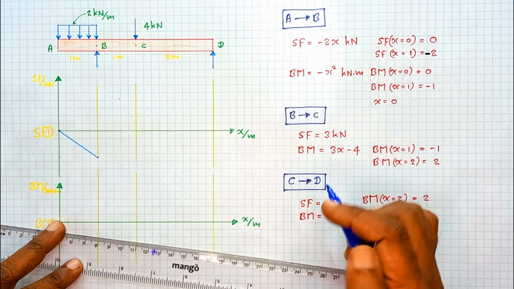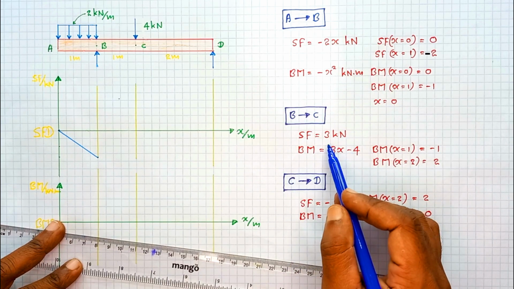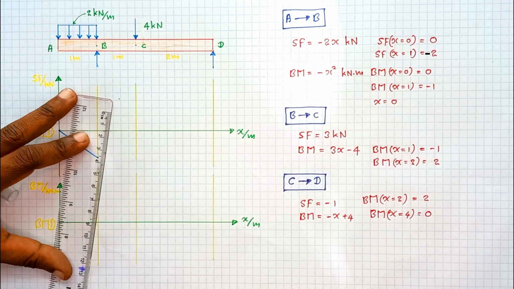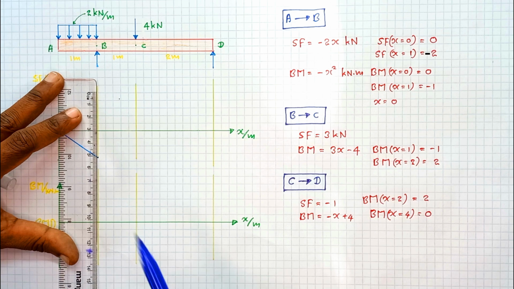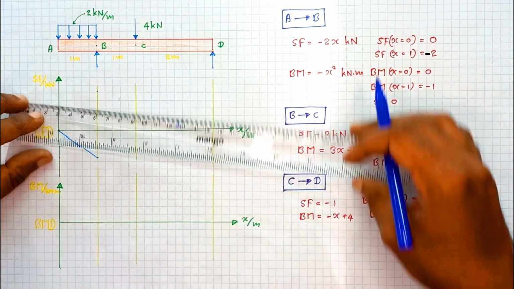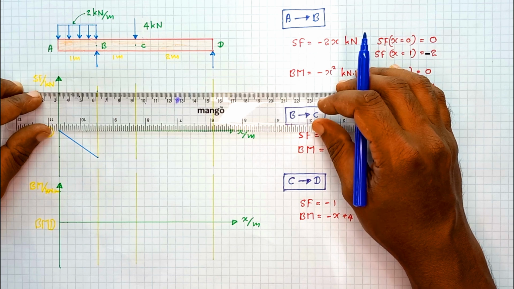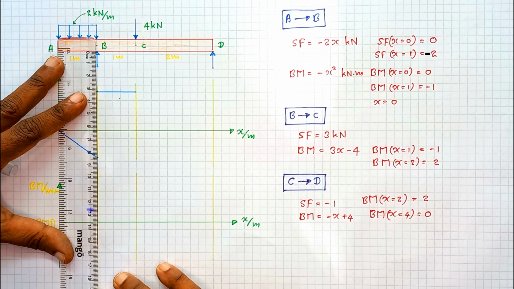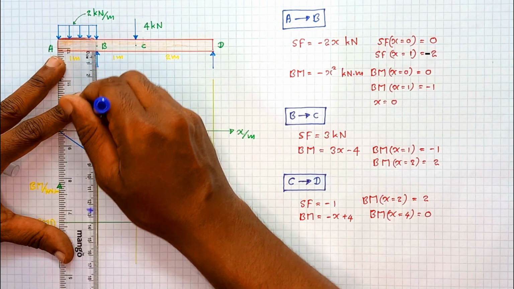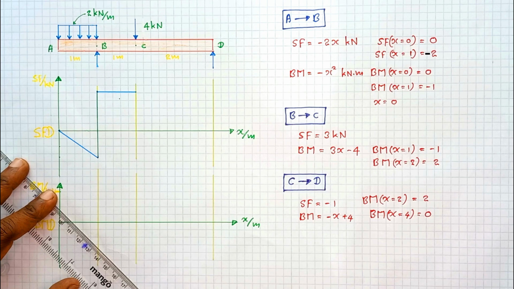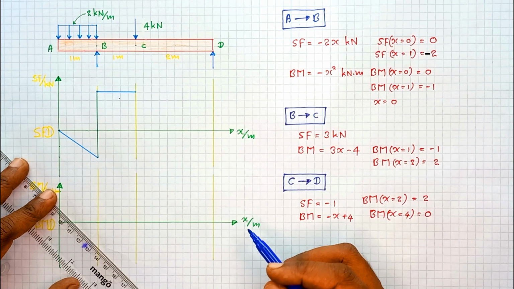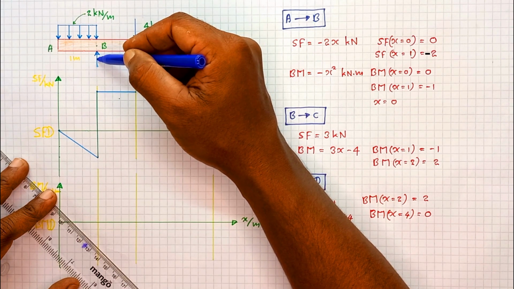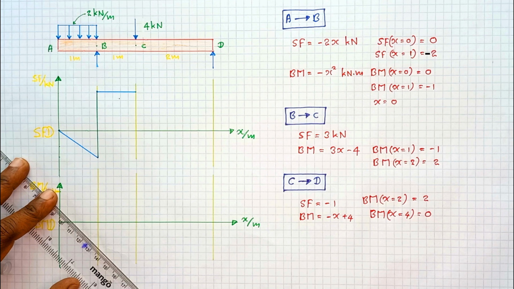Then if you take the B to C region, how the shear force varies, that is equal to 3 kilonewton. It's a constant value. So here connect these two. Here you can see this step change because of the support reaction at this B point.